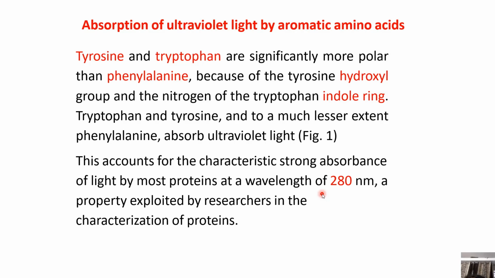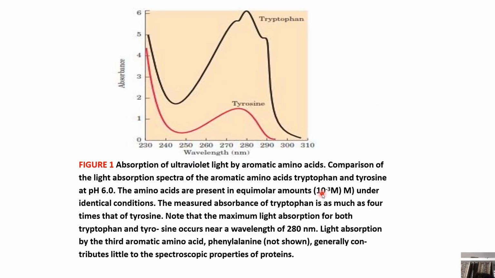Right? So tryptophan and tyrosine, and to a much lesser extent phenylalanine, absorb ultraviolet light. This accounts for the characteristic strong absorbance of light by most proteins at a wavelength of around 280 nanometers, a property exploited by researchers in the characterization of proteins.